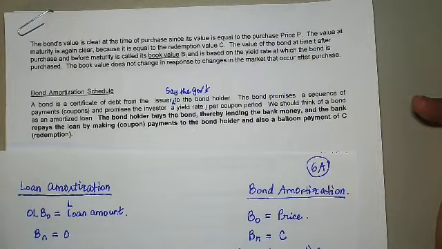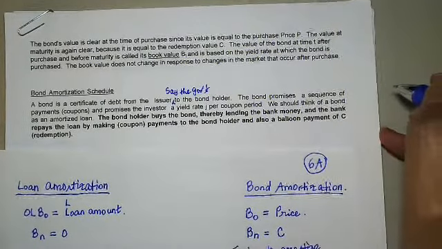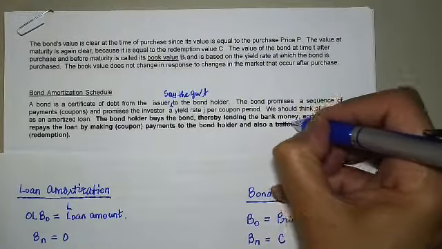The bond promises a sequence of payments and promises the investor a yield rate J per coupon period. We should think of a bond as an amortized loan. The bondholder buys the bond, therefore lending the bank money, and the bank repays the loan by making coupon payments to the bondholder and also a balloon payment of C.